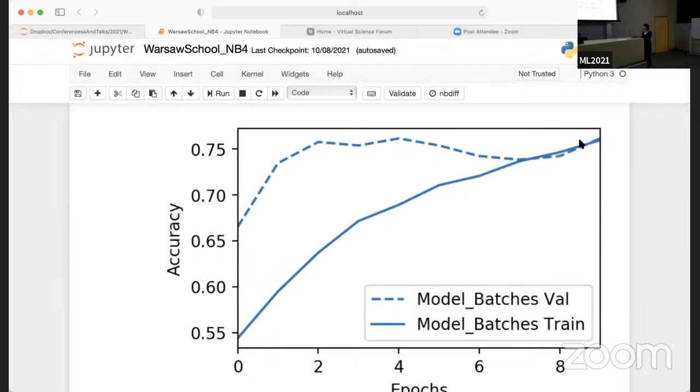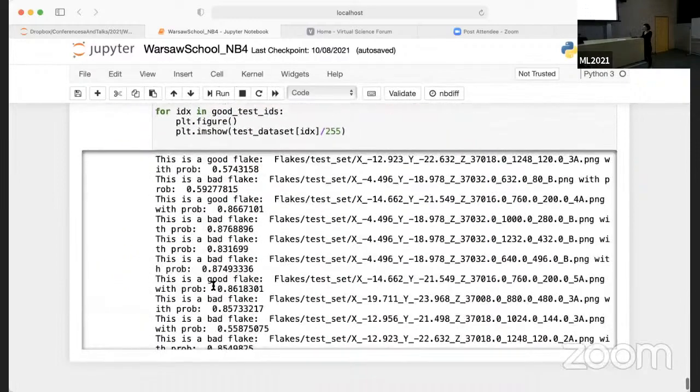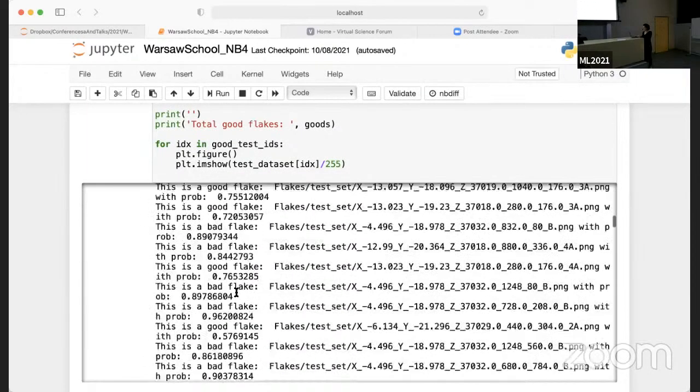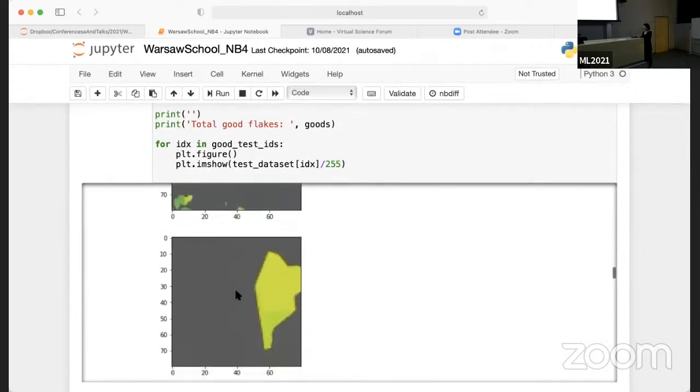But you train until the point where they agree really beautifully, around 75%, because I only gave you a very small training set. So then I load this prediction here, and I see this is a good flake, ends with A, and I am 60% certain. And so it goes.